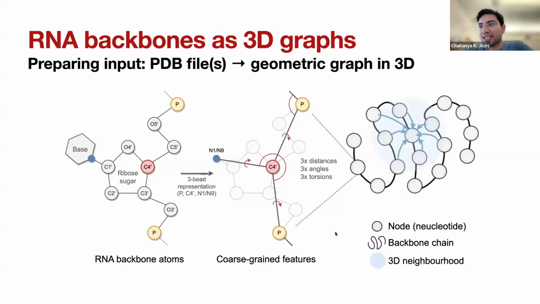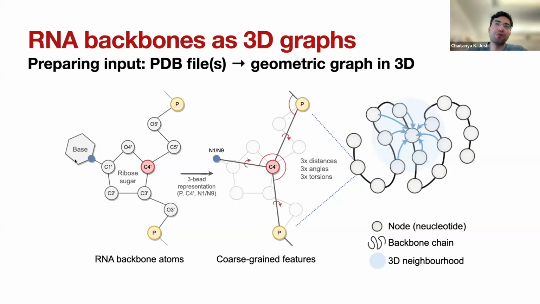Each residue essentially becomes a node in your 3D graph, and you connect these nodes to their nearest neighbors in 3D space. So you may look at your k nearest neighbors in 3D space and connect them via edges. Each node's features are essentially some local internal coordinates for each nucleotide: geometric features like distances, angles, and torsions locally within the nucleotide's atoms.